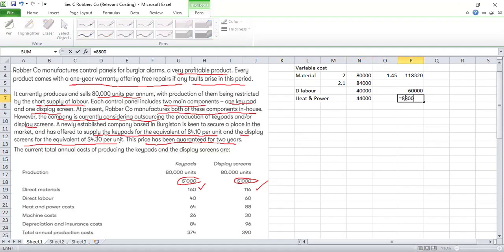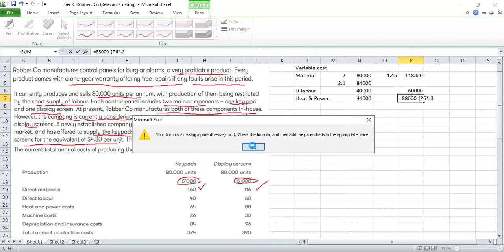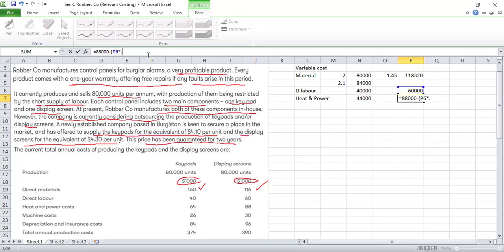Next one is the same, 88,000 minus 50% of this 60,000. So we have 58,000. Our heat and power cost.